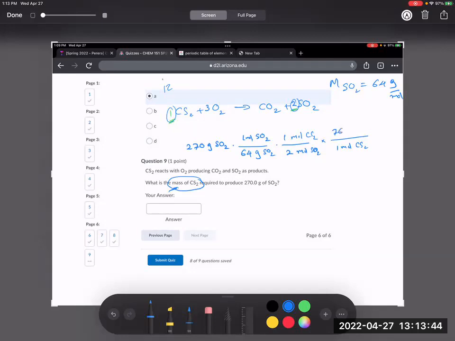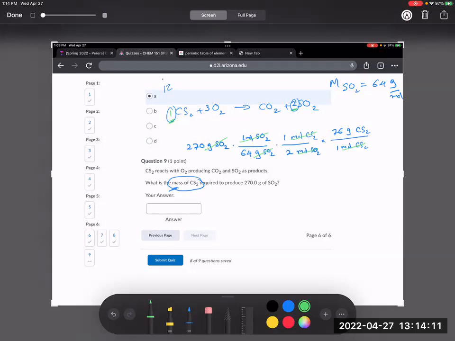It's 76 grams of CS2. In 1 mole of CS2, you have 76 grams of CS2. Now we start canceling things out. Grams of SO2 cancels out, moles of SO2 cancels out, and moles of CS2 cancels out, and you get the answer in grams of CS2, which is what the question is asking.